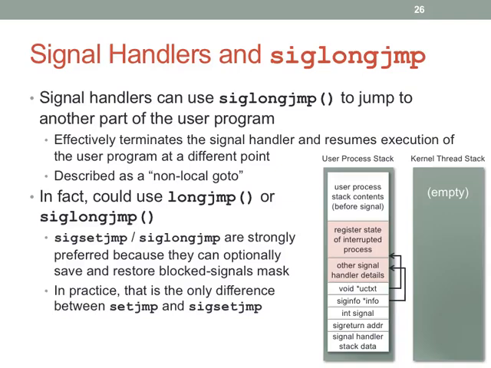That's crazy. And if you look at the implementations, that is exactly how they're implemented. longjmp and siglongjmp are identical, except that siglongjmp may optionally restore the blocked signal mask. It really depends on the arguments to sigsetjmp. This is where you control that. So siglongjmp may or may not do that, depending on the arguments to sigsetjmp.